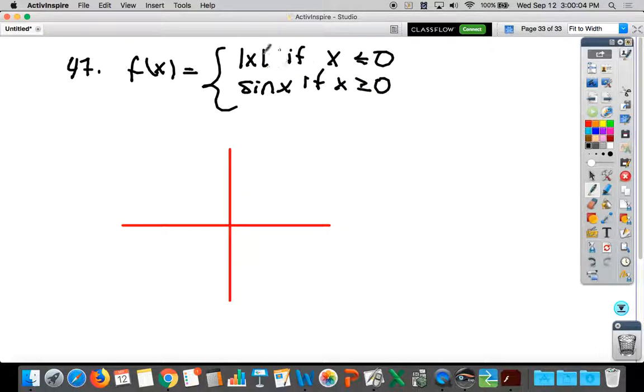So you'll get where you're just starting to draw these by looking at the function. I know that that's a V. I want the part where x's are negative. Okay. The sine x for the x's are positive. Something that looks like that. Okay. Anybody have any questions about drawing 47?